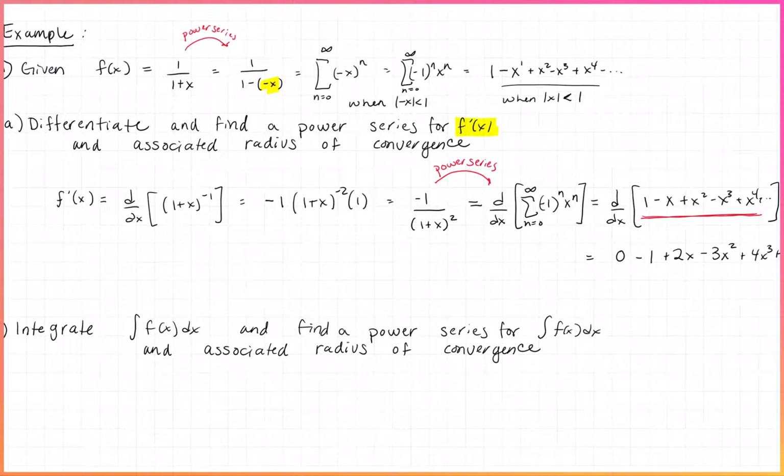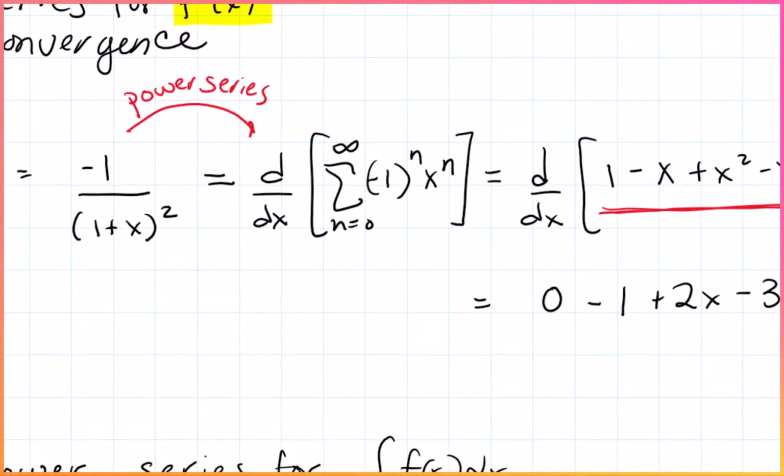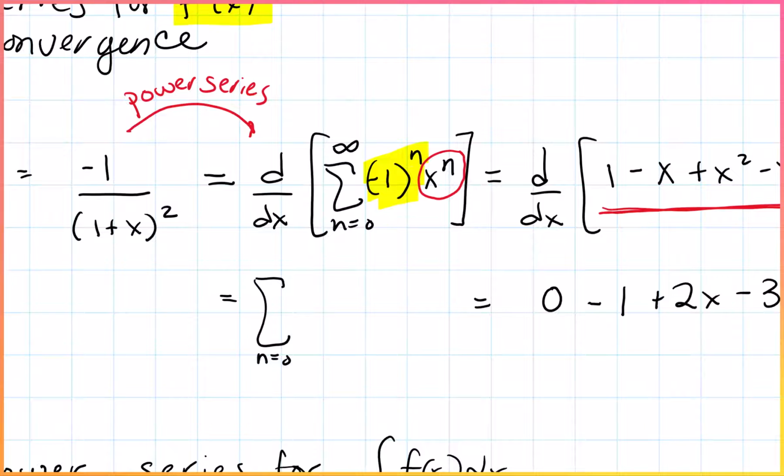Now, when we're looking at the power series and taking the derivative of the power series, remember the negative 1 to the n is just a constant on each of the terms. What we're taking the derivative of is x to the n. So when I take that derivative, that becomes the series from n equals 0 to infinity.